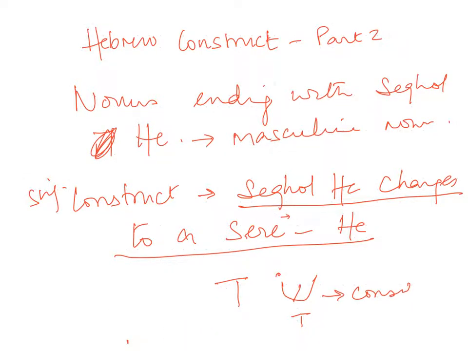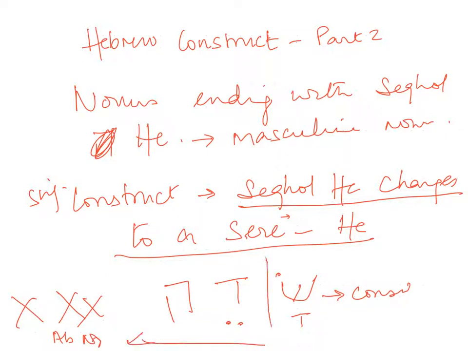Okay, so sere he. Again, this is an absolute noun. The accent moves. This is an open propretonic. And there's going to be a volatilization which takes place here.